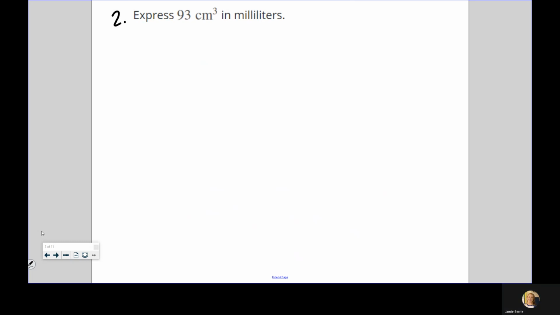And again, on the test, it would look like this: 93 cubic centimeters equals blank milliliters. So this is a good one for the test. Put a little star on it.